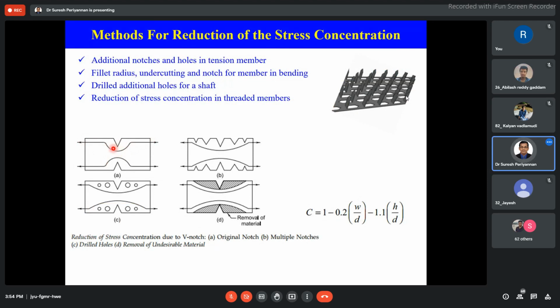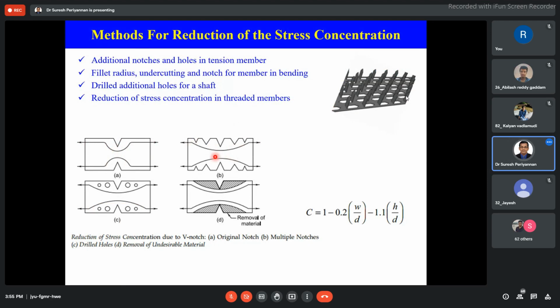But see here figure B, we are using multiple notches, all properly oriented in a direction. Then we obtain smoother stress lines. As compared to A, here the stress concentration will be less.